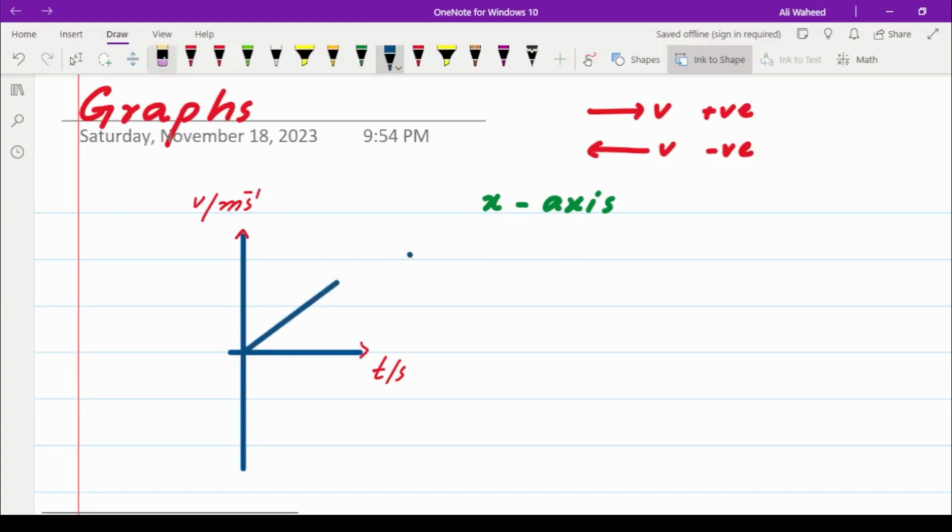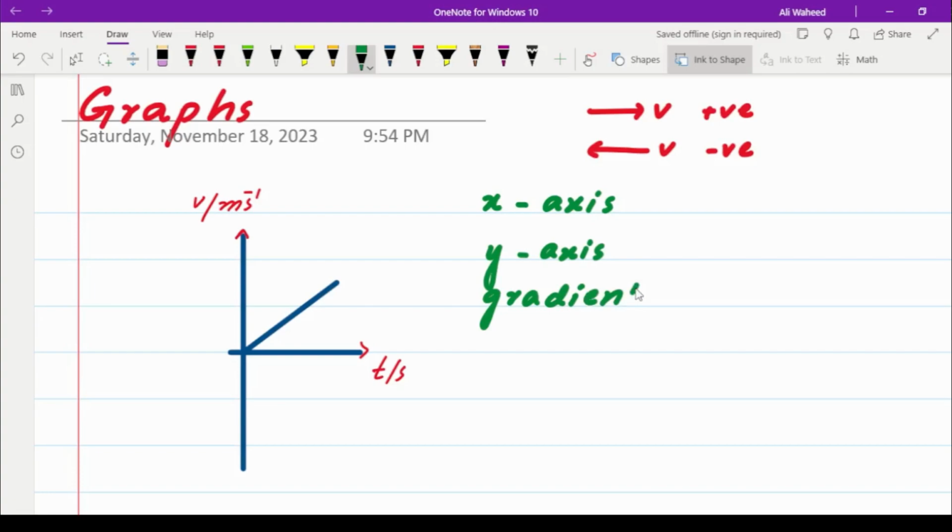Alright, so let's get back to the same thing. We get 4 pieces of information from any graph that you have. One from the x-axis, one from the y-axis, and one from the shape, in such a way that what is the gradient of that shape.